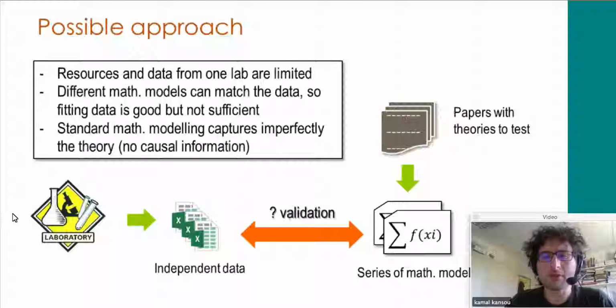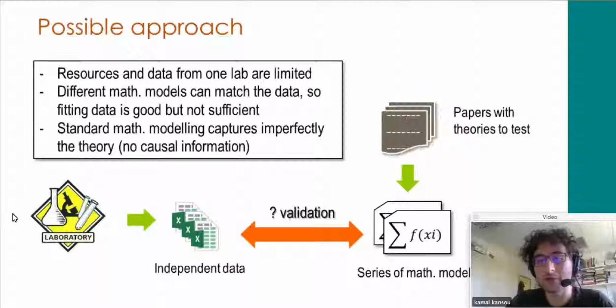This approach, which you can find in several publications independently of the domains, has a couple of limitations. First of all, the resources and data from one lab are limited. Different mathematical models can match the data, so fitting data is good but not sufficient. And finally, standard mathematical modeling formalism captures the theory imperfectly.